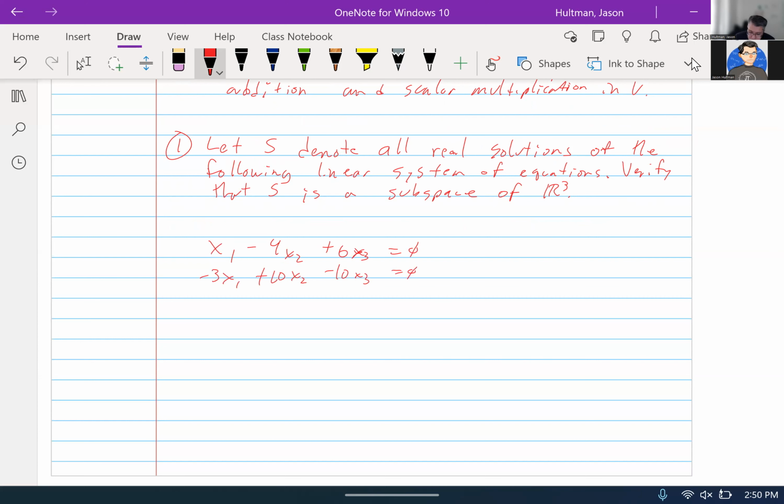Notice I have two equations and three unknowns, so my answers are not going to be unique solutions. You only get unique solutions if you have the same number of equations and unknowns. Then you could possibly get a unique solution. You're not guaranteed, but you could possibly get one.